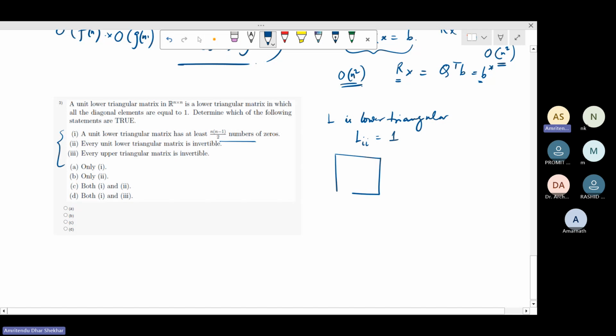So in every lower triangular matrix, L_ij is equal to 0 for j greater than i. No, this is an obvious question.